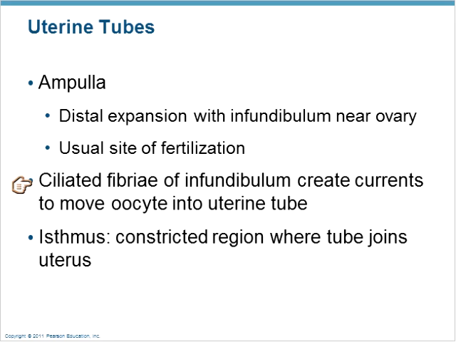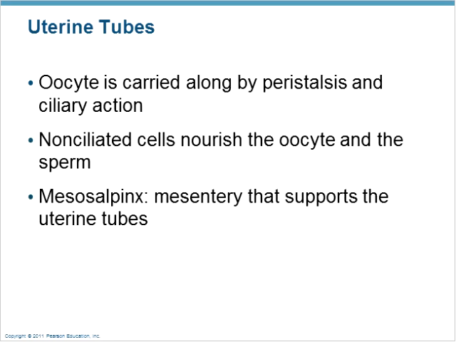The isthmus is where the fallopian tubes are constricted and the tubes join to the uterus. The oocyte is carried along by peristalsis and ciliary action within the fallopian tube. The non-ciliated cells nourish the oocyte and the sperm, and the mesosalpinx is the mesentery that supports the uterine tubes.